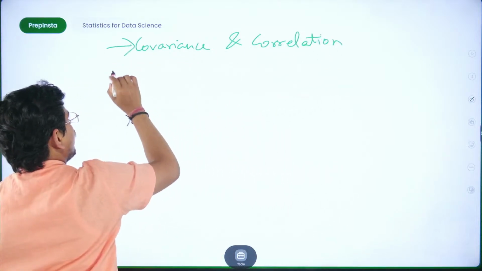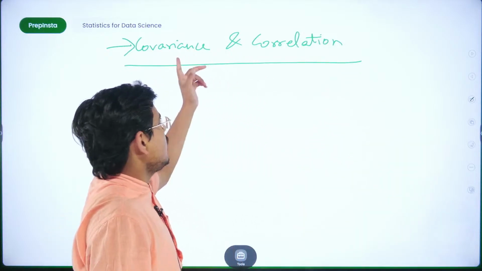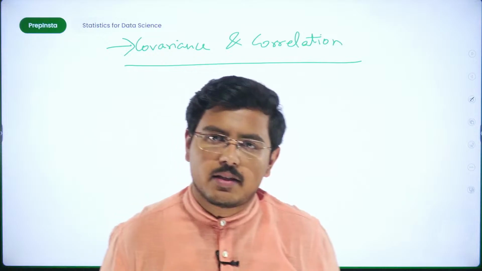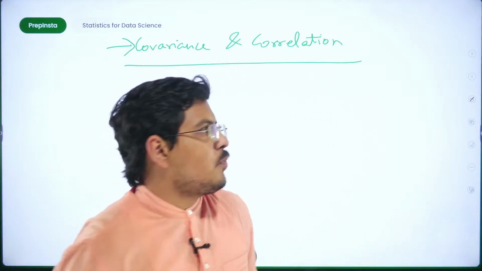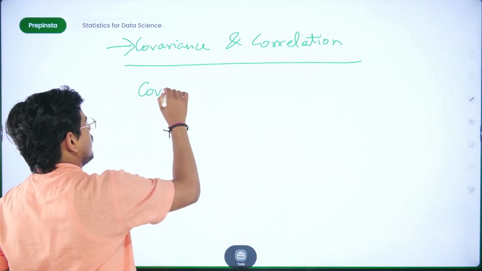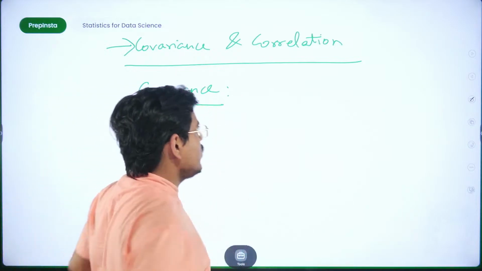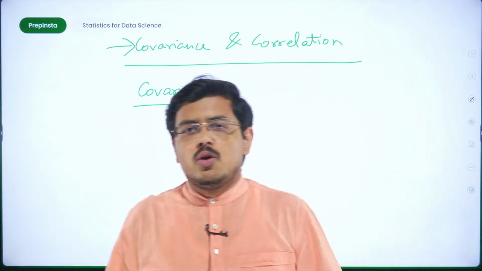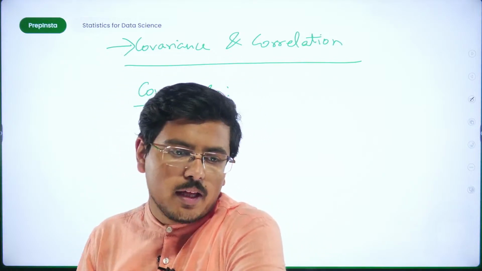Today we will be studying covariance primarily, and in the next class we will be studying correlation. So what is covariance exactly? First of all, why are these two used? Covariance and correlation primarily tell you how two variables relate.